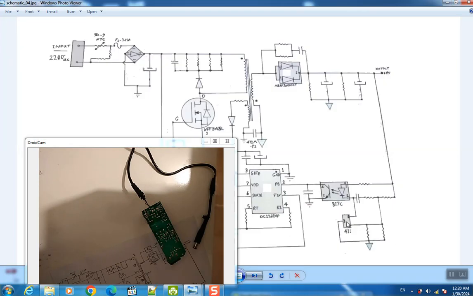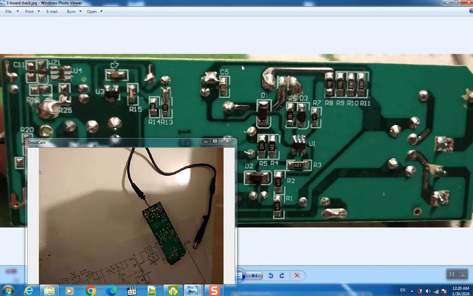Comparing this one, 1, 2, 3. And finding 870 on the board, which are here. These ones are pins number 1 and number 2 of 870, and these ones are number 3 and number 4.